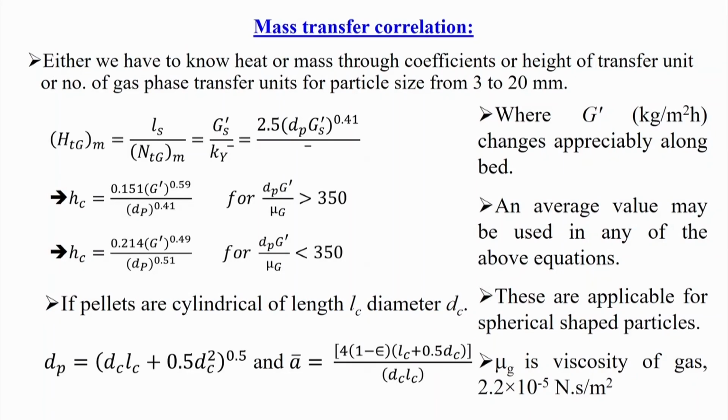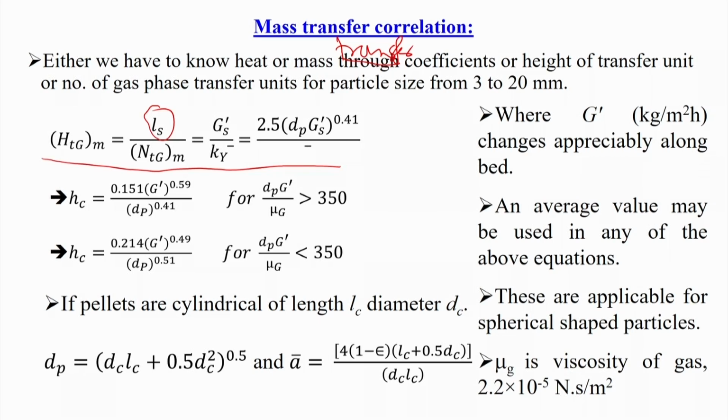Whenever we have a wet solid in a packed column, we have to know either the heat or mass transfer coefficients, or the height of the transfer unit, or the number of gas phase transfer units, for particle size from 3 to 20 millimeter. We already have N T G, and L s is the total length or height of this tower, the packed material.